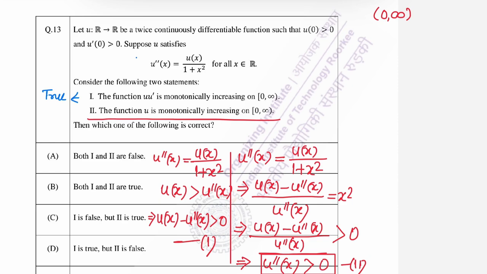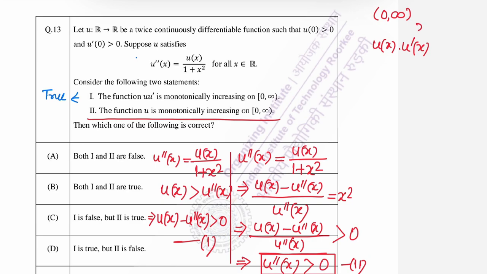Now you see that our ux into u dash x was a monotonically increasing function. Then what does it mean, monotonically increasing function?